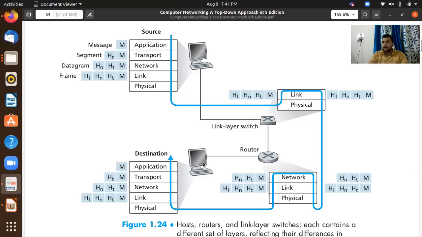Once it has been received here, this node figures out that it is the destination. Obviously an application is running on my destination, and it requires that application data. The application data is at the application layer, so it has to de-encapsulate up to the application layer.